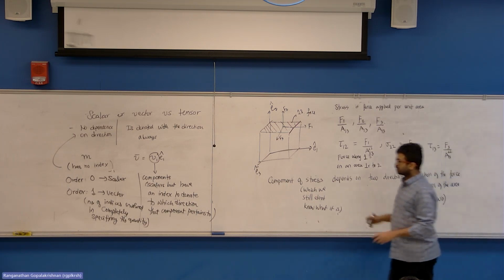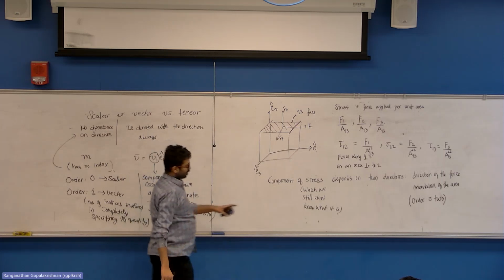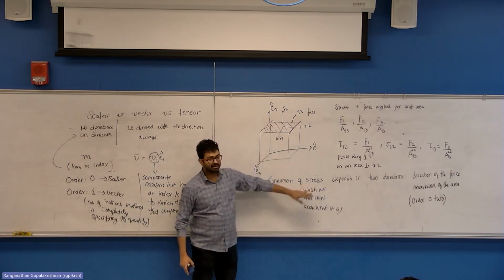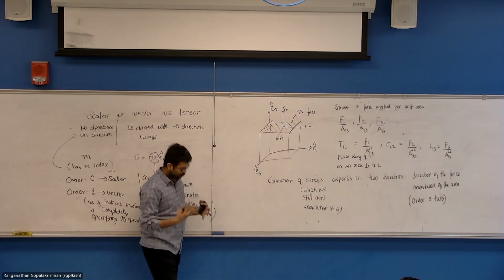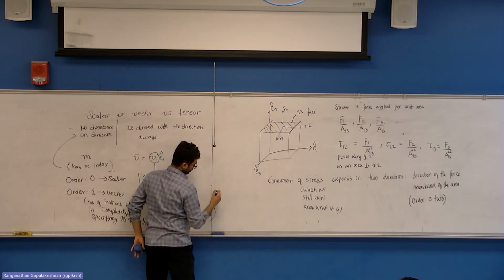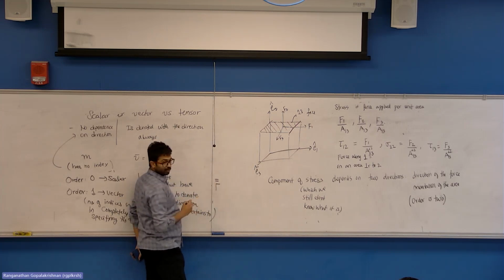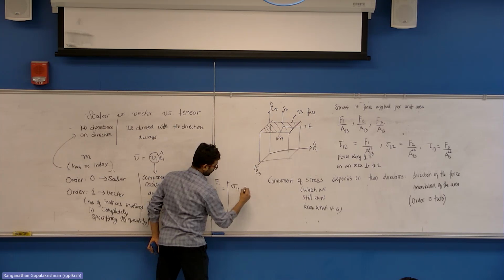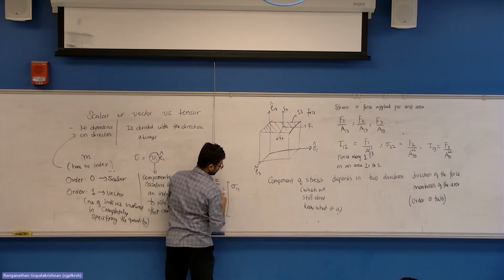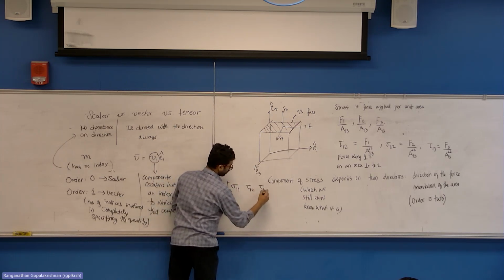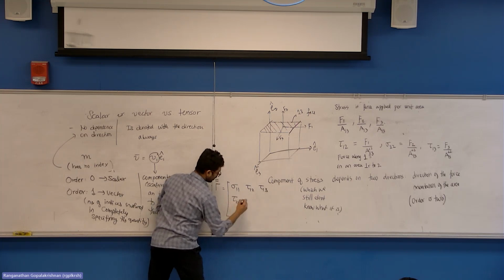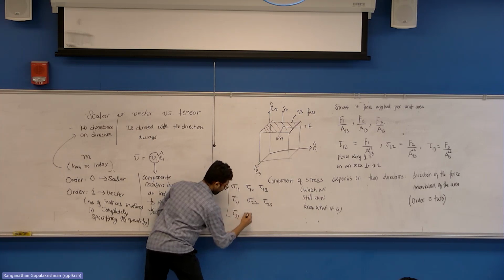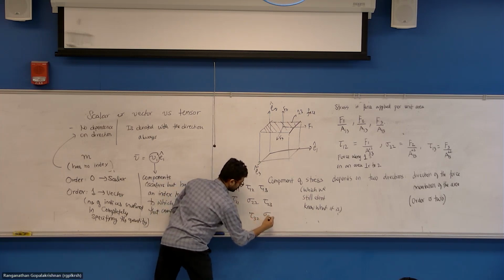Okay, so this is order two. I'm still very reluctant to say that this is a tensor. Like I'm almost so eager to write a tensor with two dashes. It has 9 combinations. I can write sigma 11, tau 12, tau 13, and then tau 21, sigma 22, tau 23, 31, 32, 33.